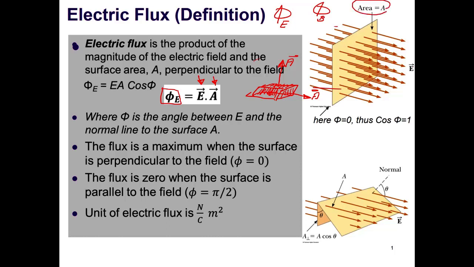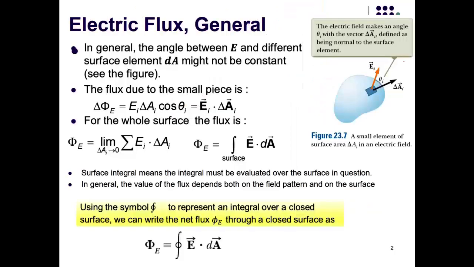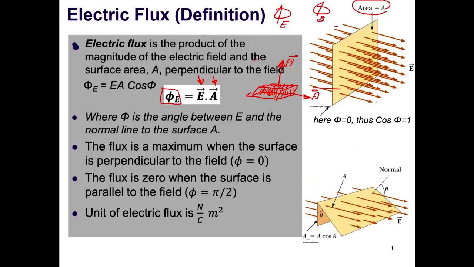and there is an electric field pointing in that direction. This is the direction of the electric field. So in this particular case, if I want to talk about this side of the surface, the area of this side is simply along the electric field, but the area of the other side is in this direction.